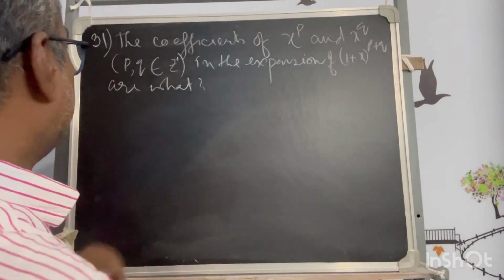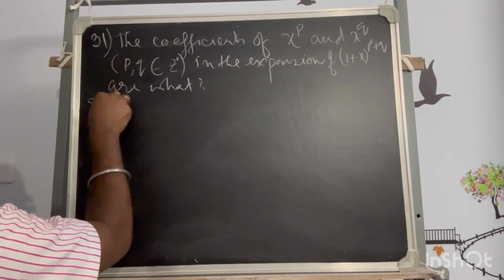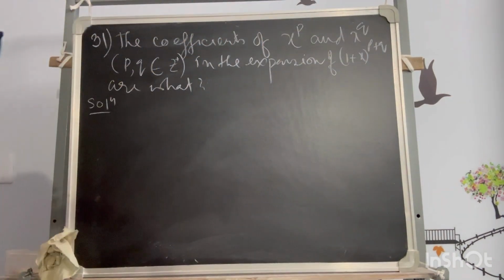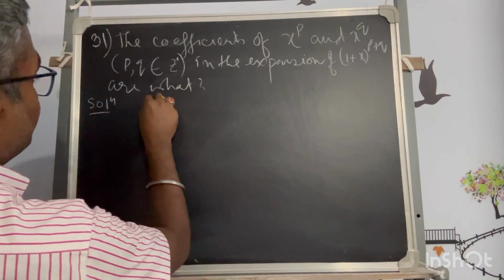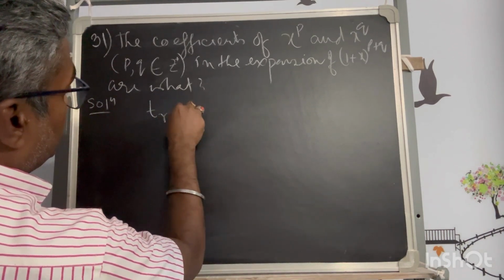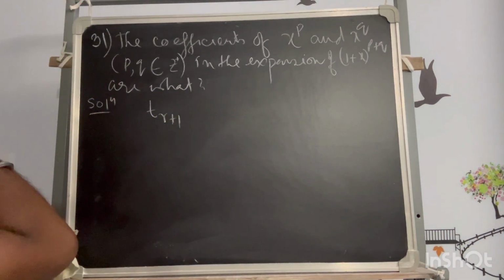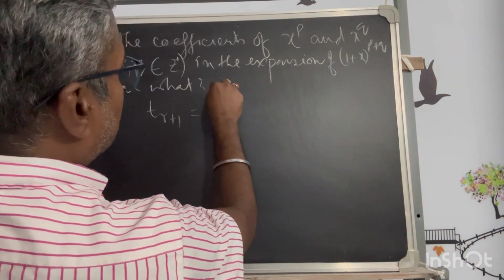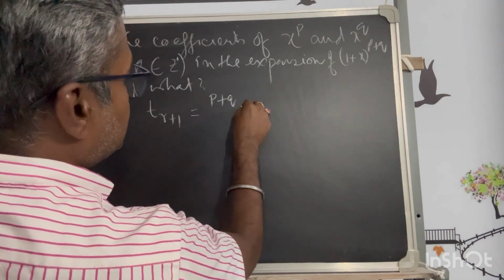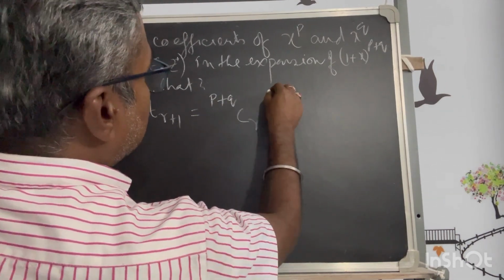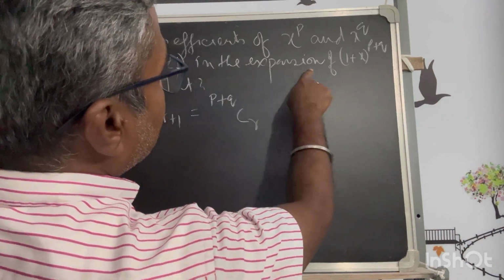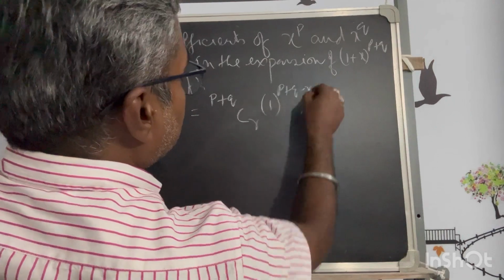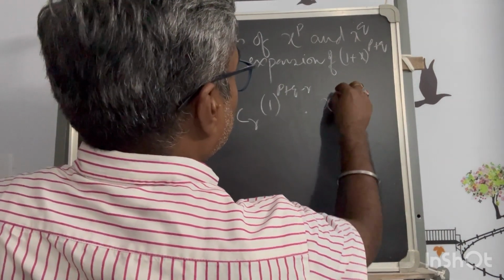So first, we have to find the coefficients of x to the power p and x to the power q. Our general rule for any term in an expansion, if we assume that this is t r plus 1, so naturally this comes as, with n here being p plus q, C r, first term to the power p plus q minus r, and second term to the power r.